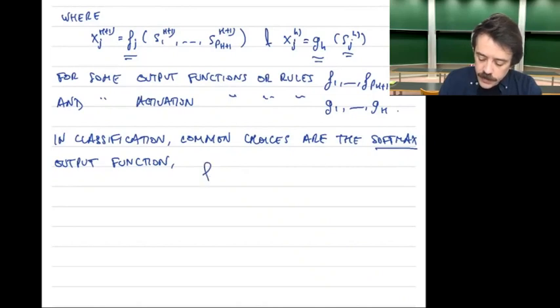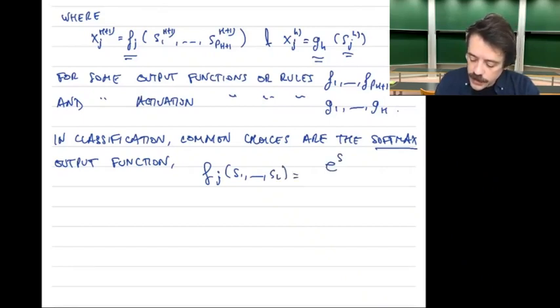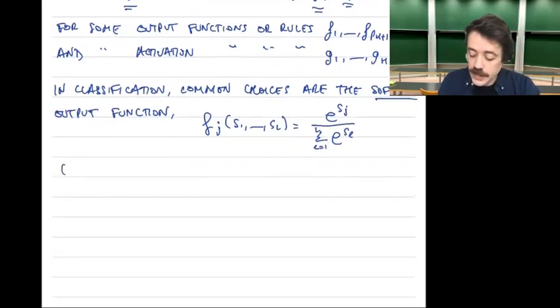which is given by f_j, and if we have capital L of these, this is going to be e to the s_j divided by the sum from l equal 1 to capital L of e to the s_l. By the way, in this case, if you add a constant to all of the s's, remember the s's are linear combinations, so they have this bias node, then the constant would cancel out here.